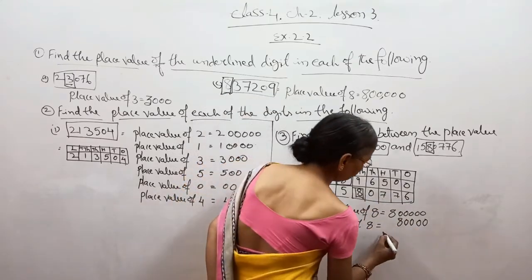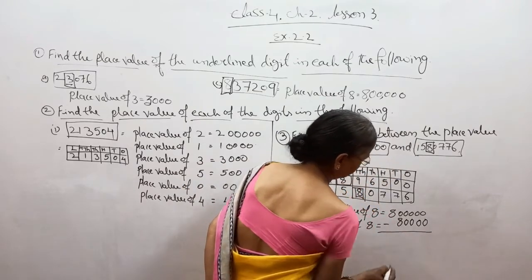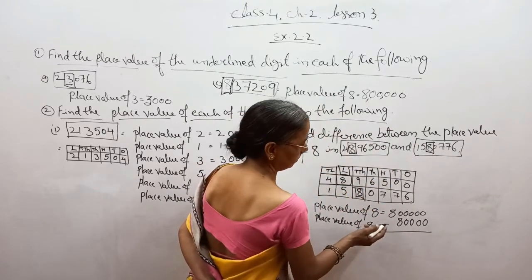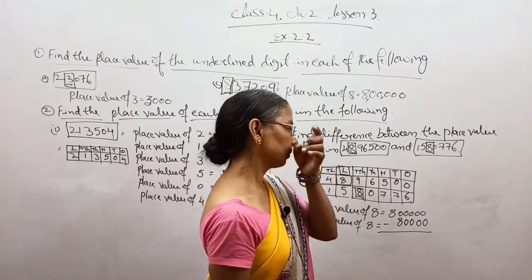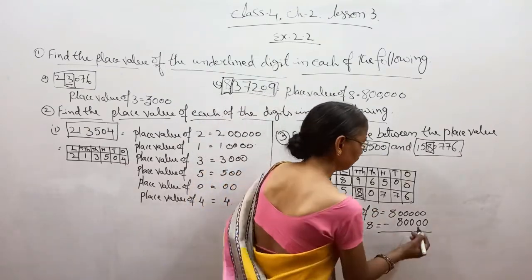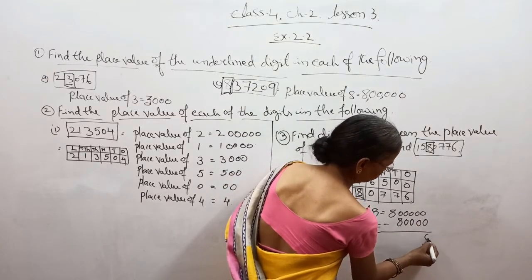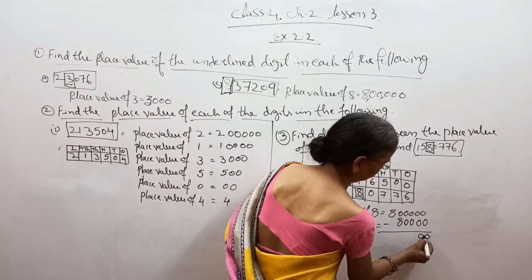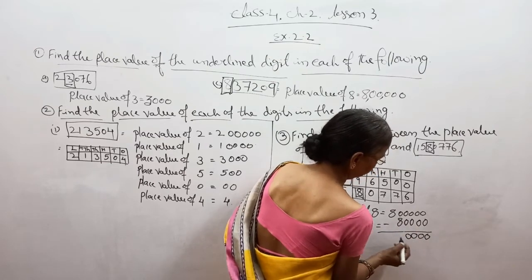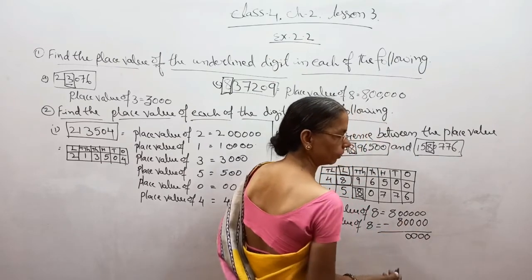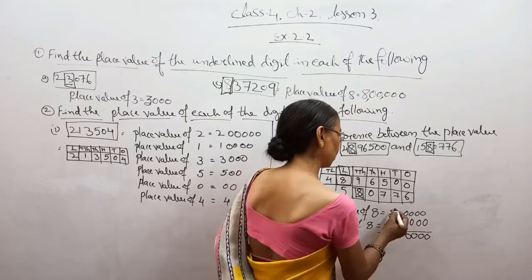Now we have to deduct it. We have to subtract the below number from the above number. That is 0 minus 0, it is 0, four times. Now 0 minus 8, we don't have the number, so again borrow.